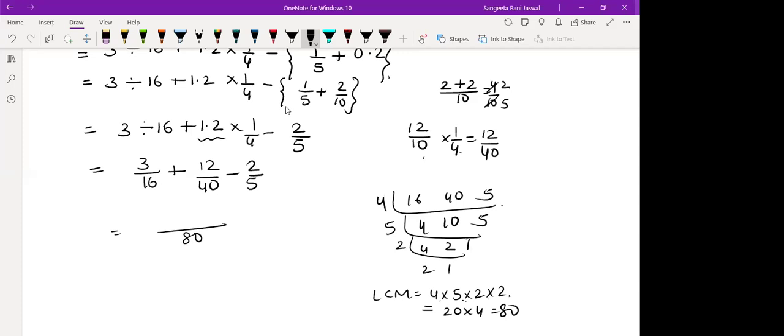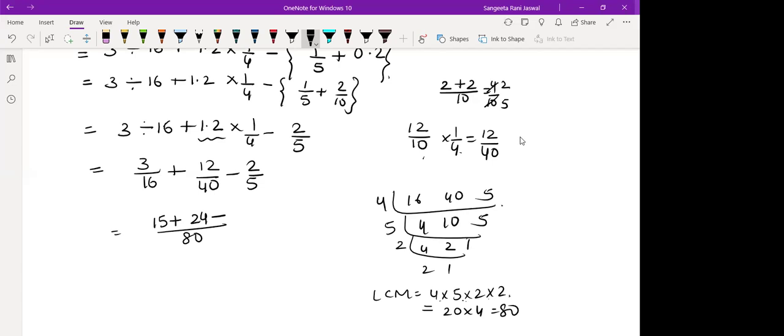Please keep your videos on. Okay, now 16 into 5 will give me 80. So this will be 16. 16 5s is 80. So 5 into 3 is 15 plus 40 into 2 is 80. So 12 into 2 is 24 minus 5 and 80 here.